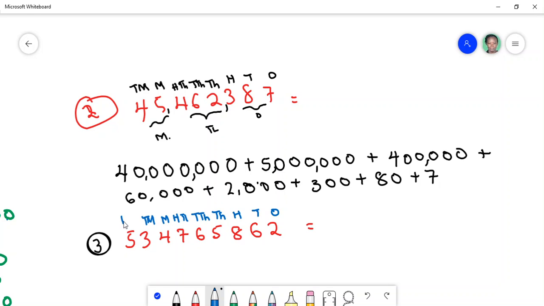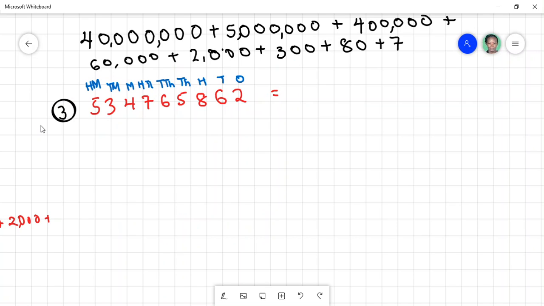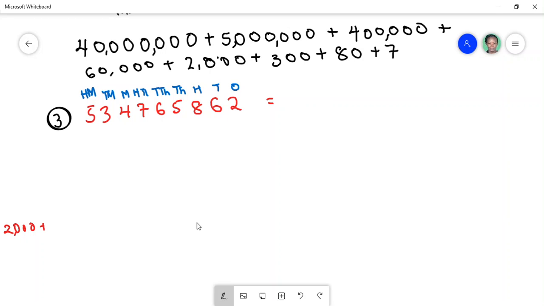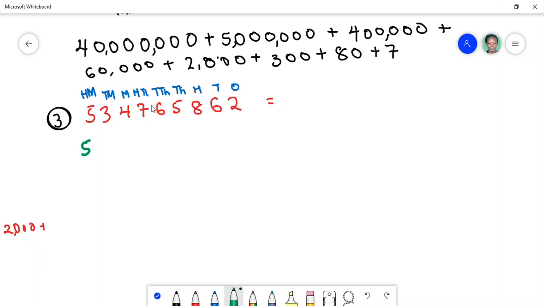And this is what? 100 million. So we know where we are, the place value we are looking at. So let's expand this. If we decide to expand, we are in 500 million.